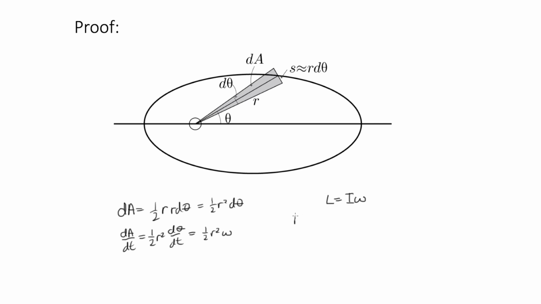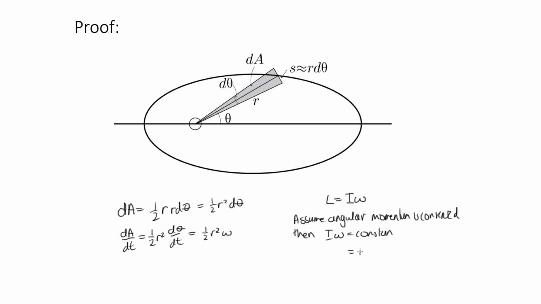So if we assume angular momentum is conserved, then I omega is equal to a constant, and we've just got a planet, a point mass moving here.